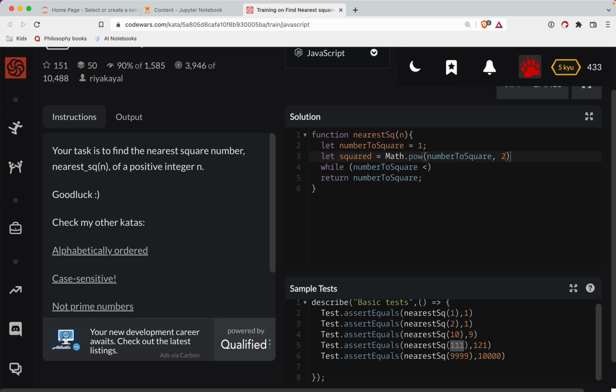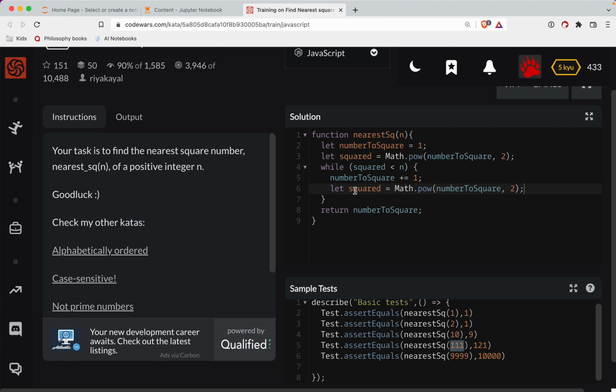Okay, so while the squared is less than in, what we'll do here is increase the numberToSquare, and then we'll go ahead and increase the squared value, so squared, and we'll just throw that in there.